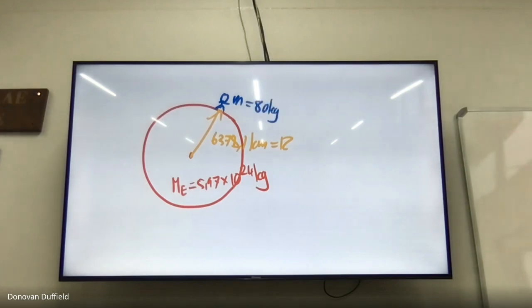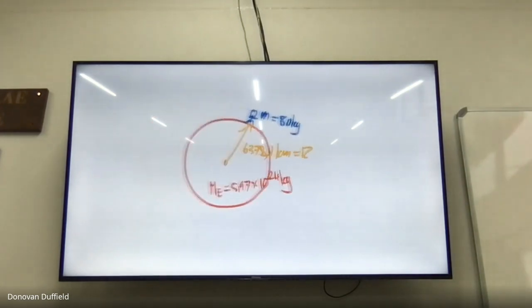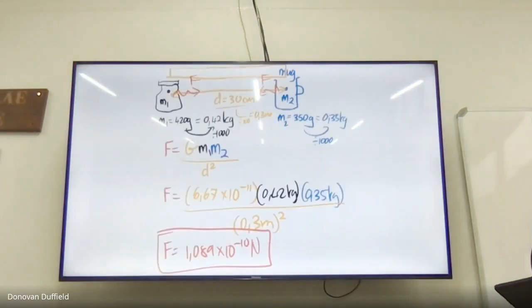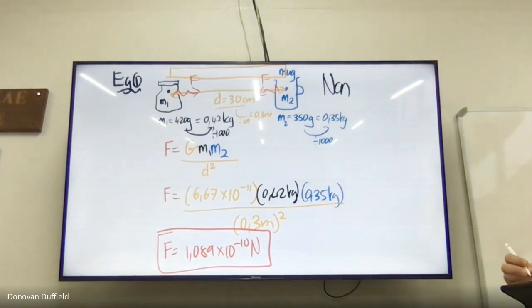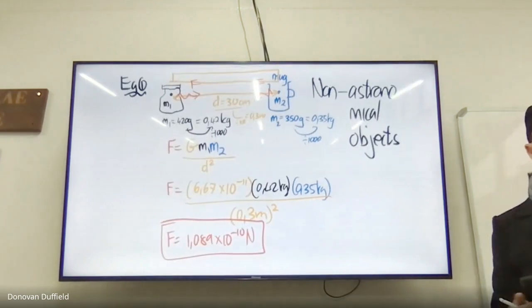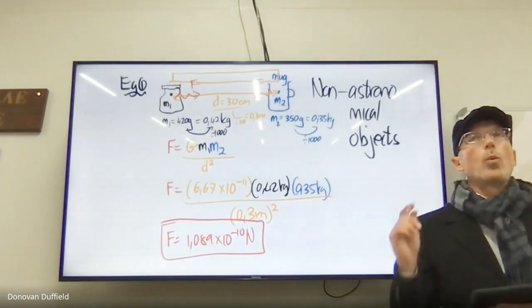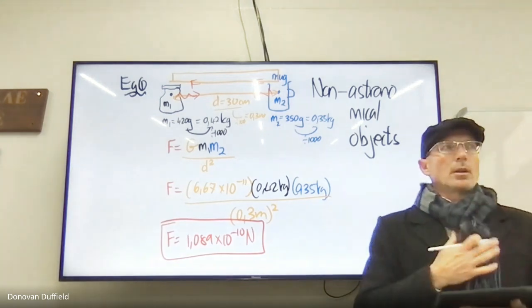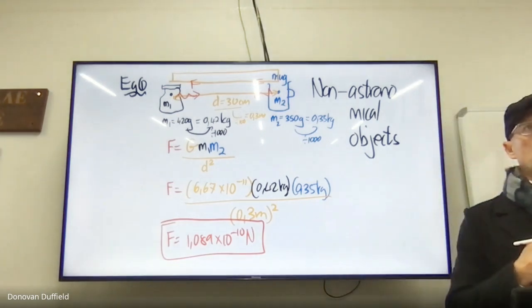Okay, now let's do a different calculation. All right, so this was example 1, where we worked with non-astronomical objects. But now let's work with one astronomical object. I'm not an astronomical object, okay?